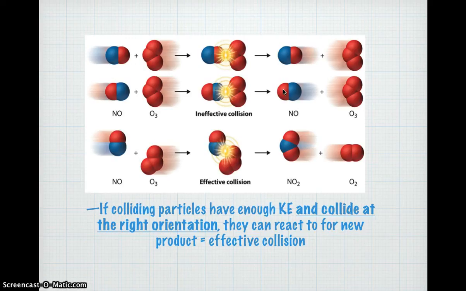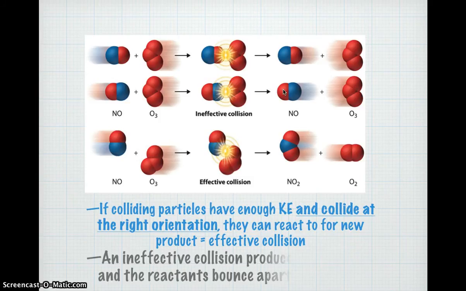So what has happened? One of the oxygens from the O3 has attached itself to the NO, and now we have NO2 plus O2. If the collision does not happen with enough kinetic energy or at the right orientation, then no reaction takes place and the reactants bounce apart unchanged, as you can see at the top.